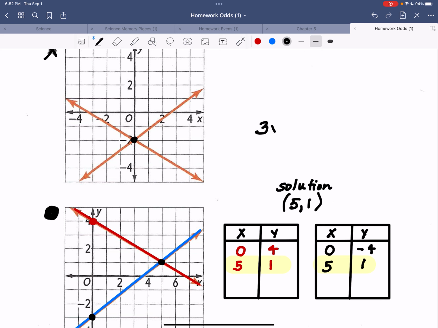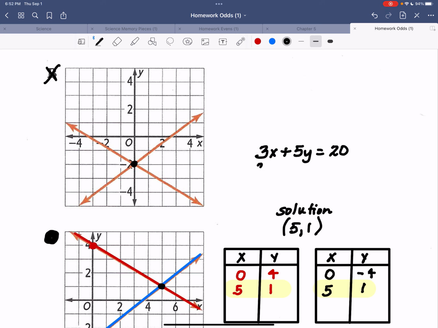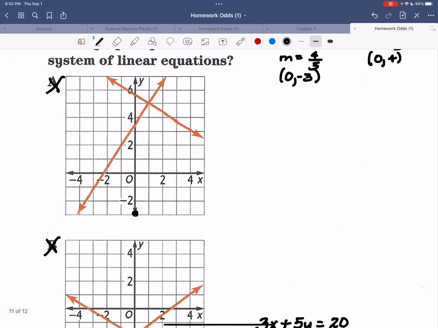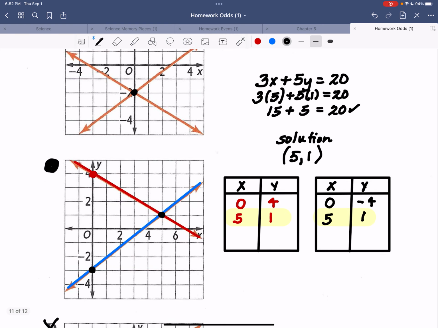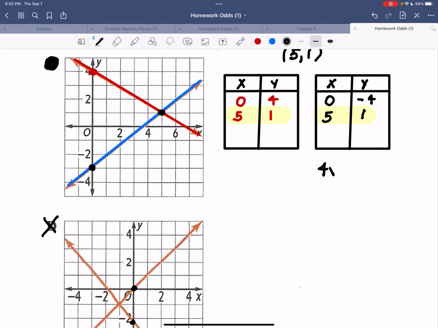And let me show you what I mean. 3x plus 5y was what, 20? Yes. So 3 times 5 plus 5 times 1 better equal 20. 15 plus 5 is 20. It will also work in 4x minus 5y is 15.